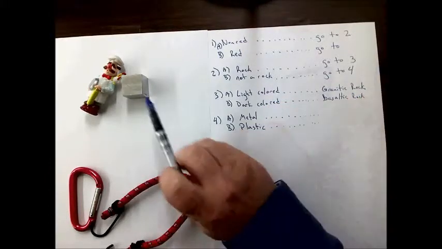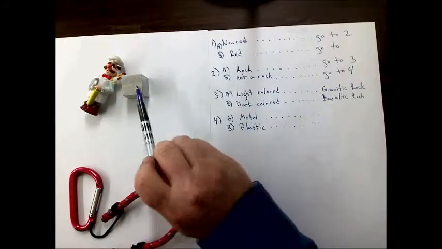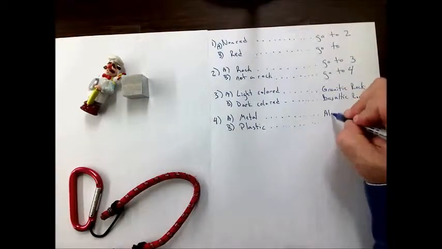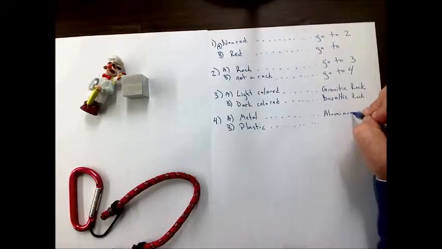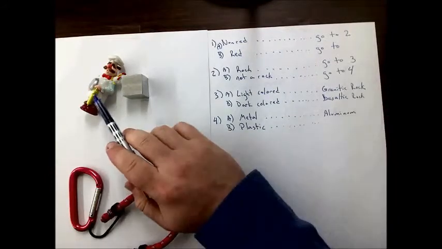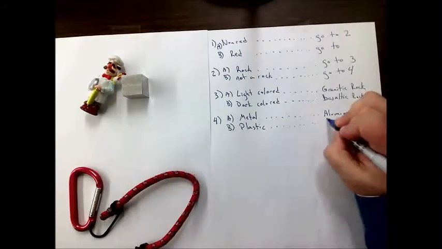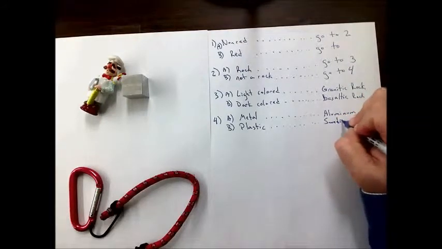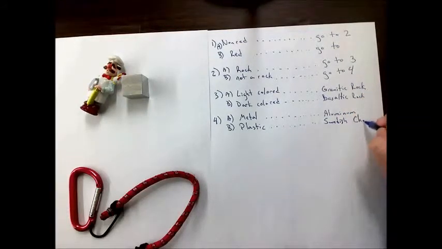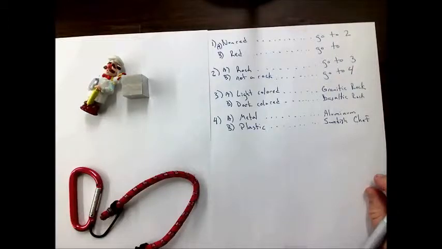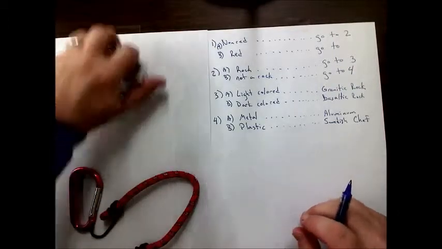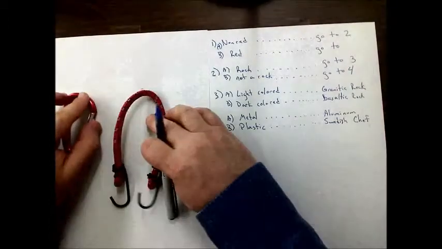If it is a metal, in this example, that is an aluminum block. And if it is a non-metal or plastic, then that is our Swedish chef. Okay, now we can move those aside and go back to our reds.